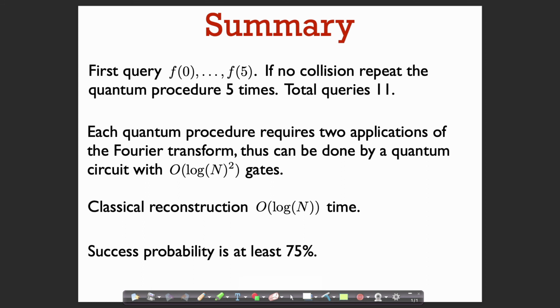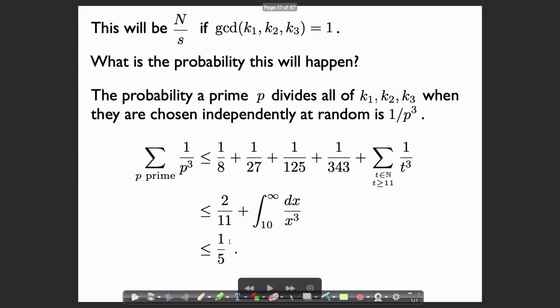So we lost 5% from the bad case where we see an outcome of 0 too often. And then we lost 20% from this case that it might not be that K1, K2, K3, their greatest common divisor is 1.